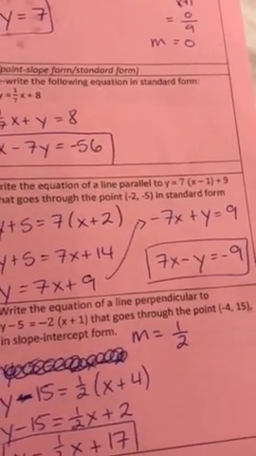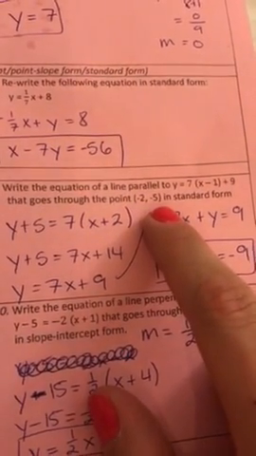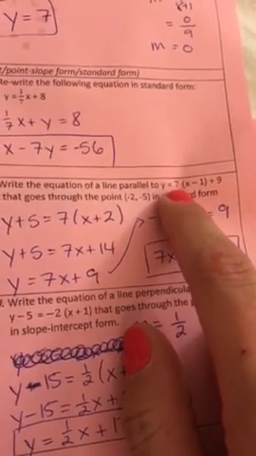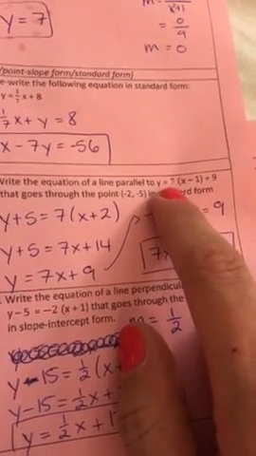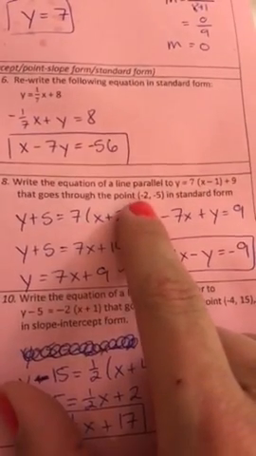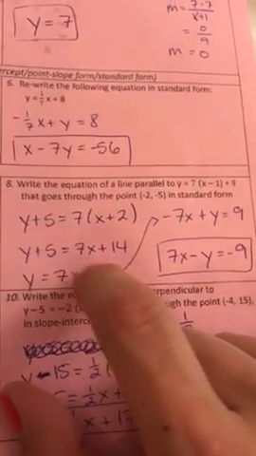Write the equation of a line parallel to this equation and that goes through the point -2, -5 in standard form. In order for it to be parallel, they have to have the same slope. Well, the slope on this one, when you simplify, is 7. So I will use 7. I then plug in my point, -2, making this a +2, -5, making this a +5.